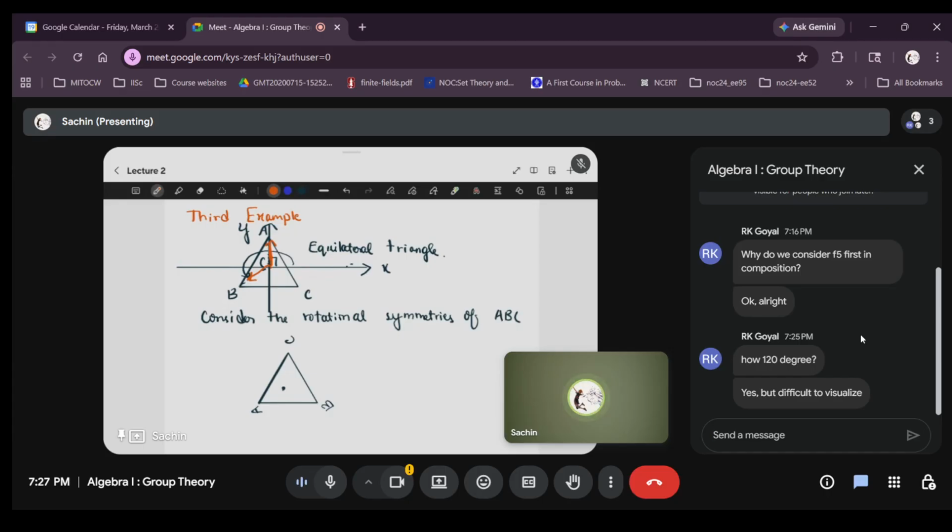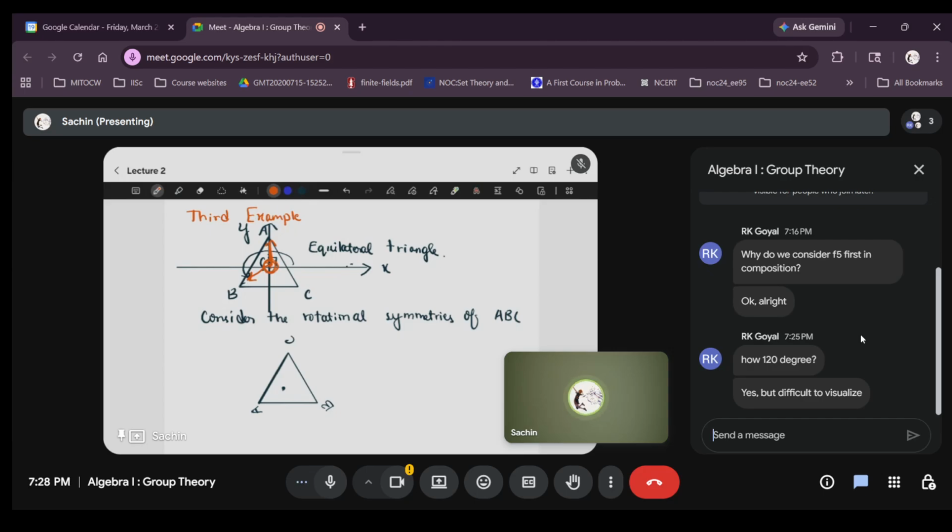So there is one axis that is coming out of this center point and it is perpendicular to the plane. Then you are rotating about that axis. That is one type of rotation you can do. So these are the rotational symmetries.